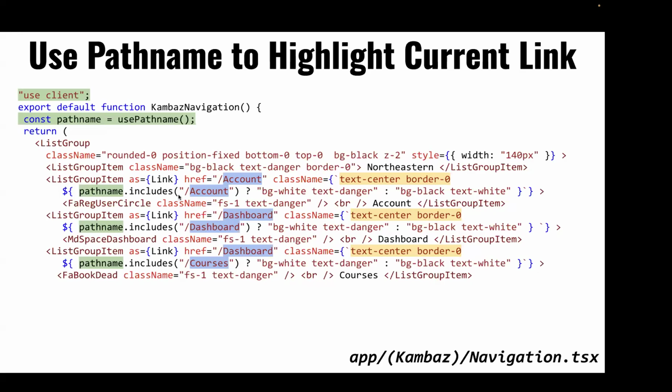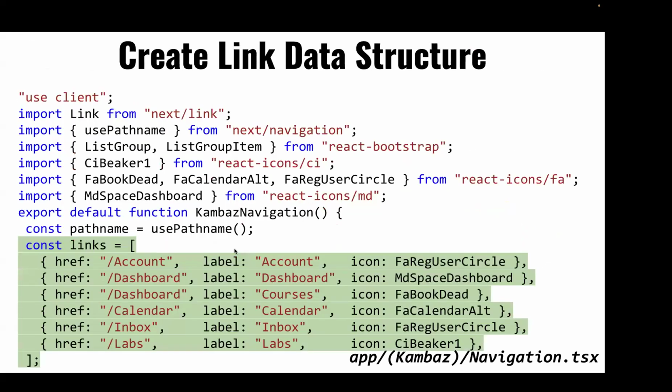So if it ends with account, we highlight it, doing background white and the text danger. Otherwise, we don't highlight it, making the text white and the background black. And notice that it's the same for all of them. When it's highlighted it's red on white, red on white, red on white. And when it's not highlighted, it's white on black, white on black, white on black. So if it matches, see that?